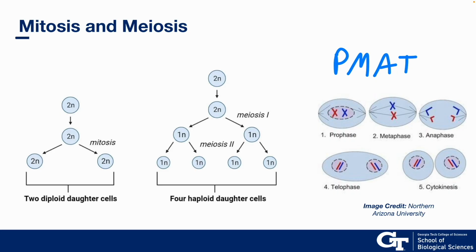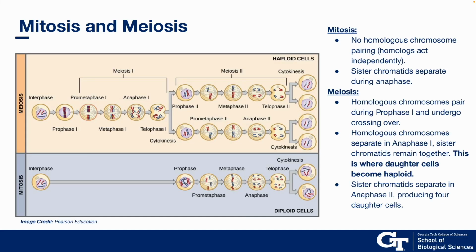So prophase, metaphase, anaphase, telophase, and that just describes how the chromosomes are moving in the cells, where they align and then they are pulled apart, and that happens one time in mitosis, and that happens twice in meiosis. And here's a graphic of that again, and that also tells us a little bit more about the chromosomal behavior in the cells.